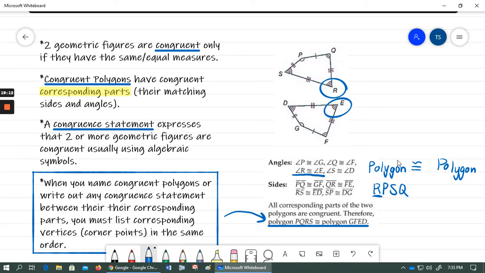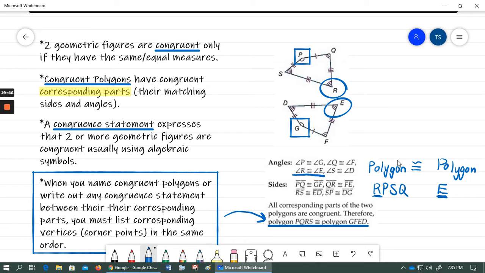So since R comes first, we've got to put E first if we were going to reorder it. Y'all get what I'm saying? Because R and E are corresponding vertices. So if you're going to put R first, you have to put E first in the other one. Then next, folks, if you were going to put P next, okay, well, the one that goes with P is G, right?